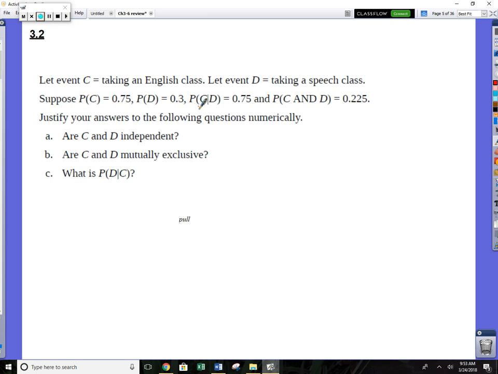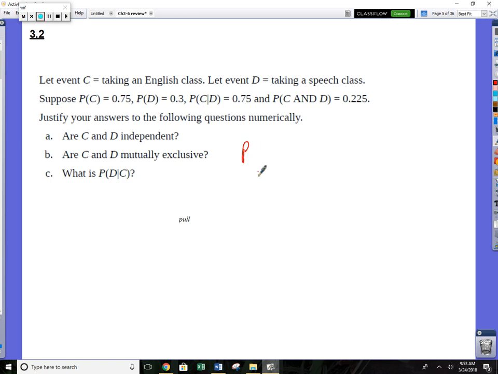Chances of you taking an English class given that you're taking a speech class is 75%, and the chance that you take them both, so an intersection, is 23%. Alright, so here we go. Are C and D independent?